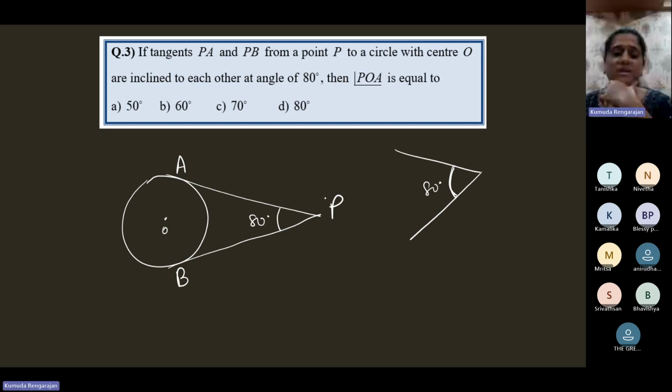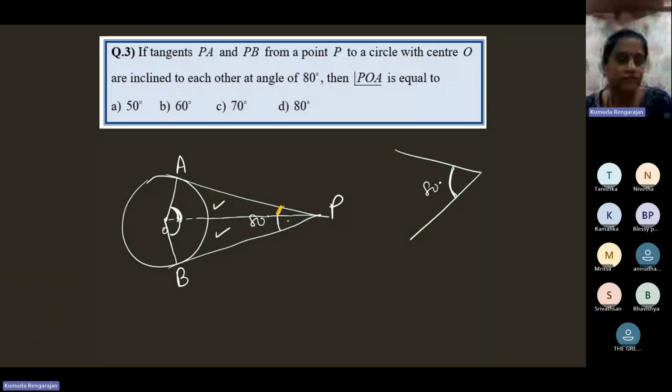We'll have to find this angle. So for 1 mark, you have to just give the answer, right? These two triangles are congruent. Which two triangles? Triangle POA is congruent to triangle POB. By CPCT, this angle is equal to this angle, and this angle is equal to this angle.